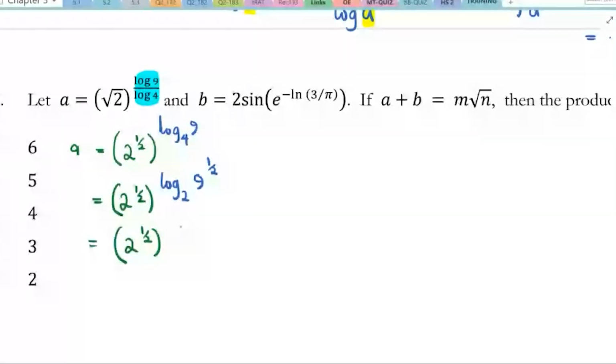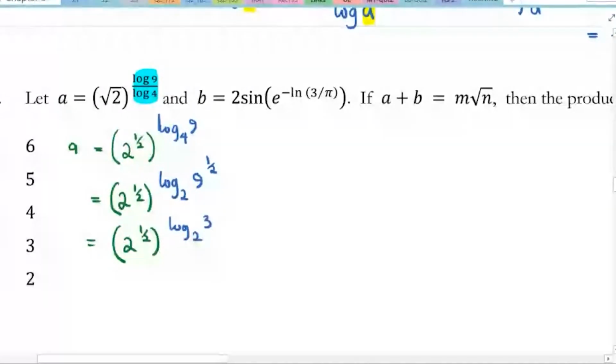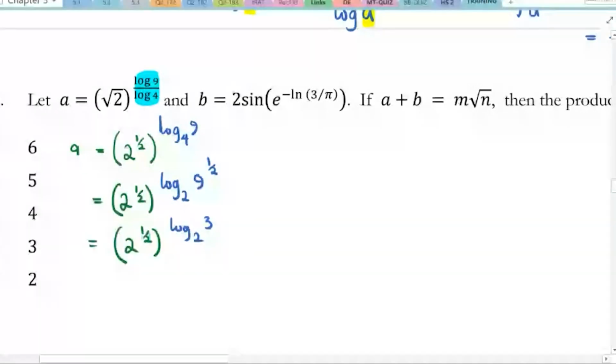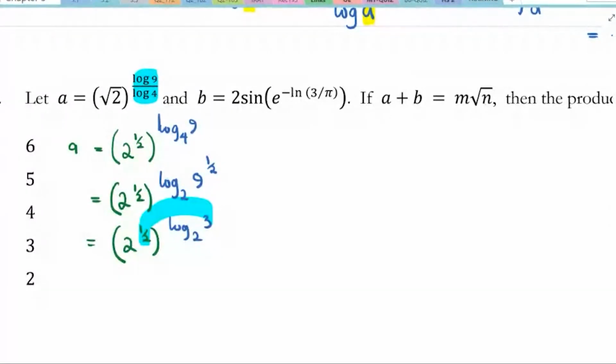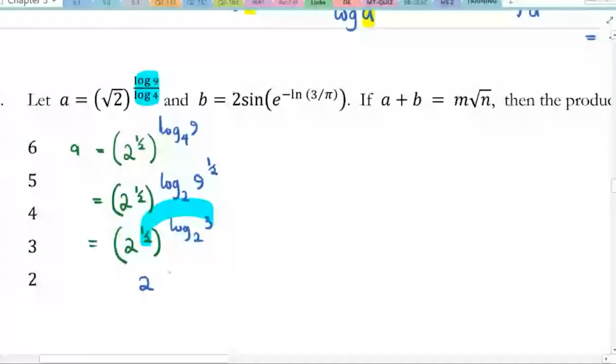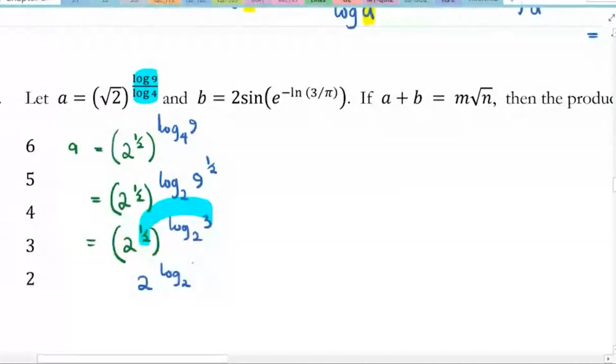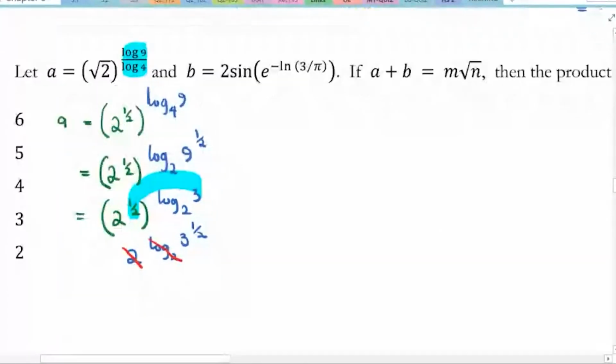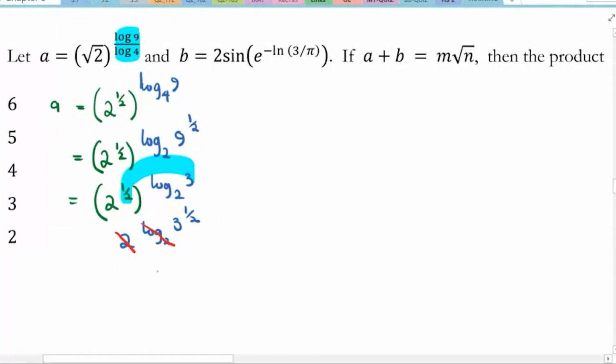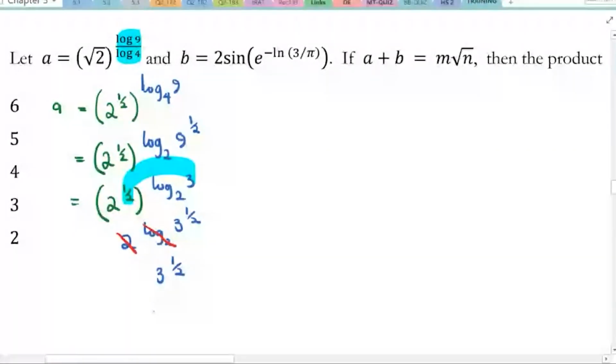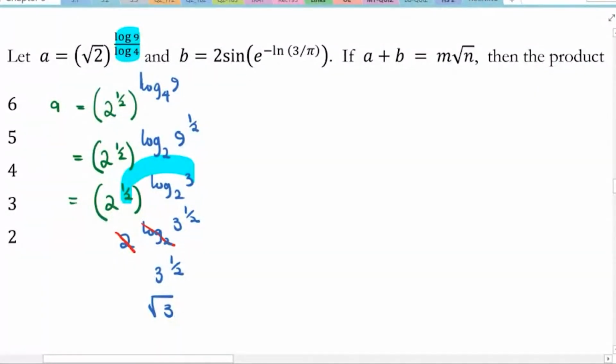And here we have log base 2 of 3. So now let us take this one to the power, so here we have 2 to the log base 2 of 3 to the power of a half. Now the base here is 2 and the base of the log is 2. They will cancel each other. Then we have 3 to the power of a half, which is the square root of 3. So a is equal to the root of 3.